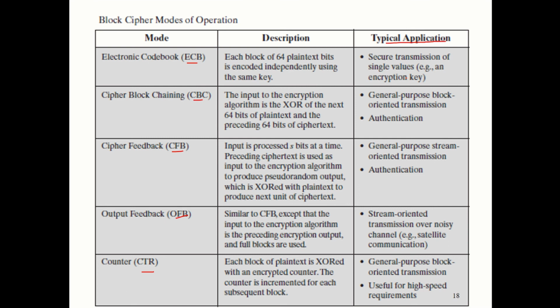For cipher block chaining, CBC, it fixes the problem with the ECB, and now it can be used as general purpose block transmission and can be used for authentication as well. For the CFB, it uses the initialization vector and the XOR, so it has the same application as the CBC.